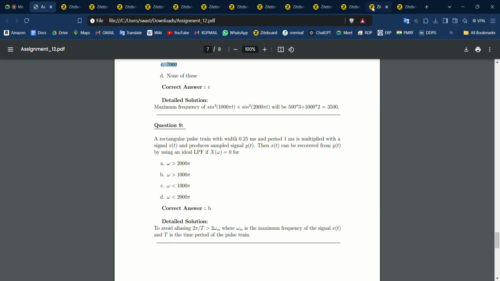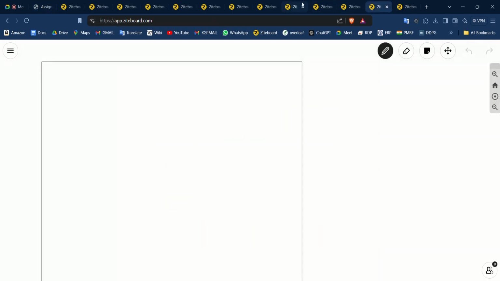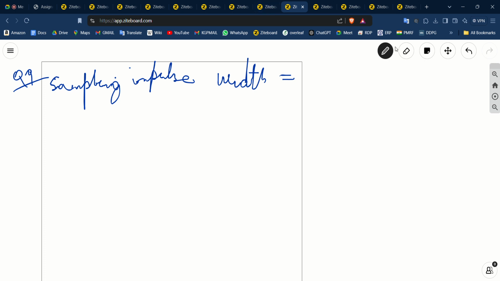The sampling impulse period, not width, is given to be 1 millisecond.